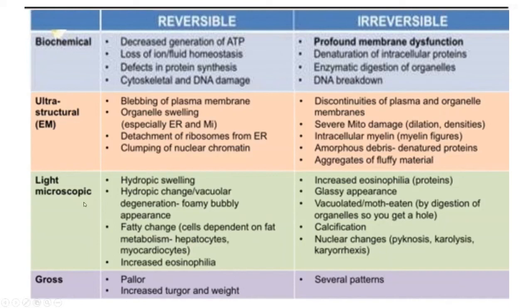What we will see in light microscopy: in reversible injury, we see hydropic swelling, then fatty change or increased eosinophilia. In irreversible injury, the eosinophilia will be more pronounced. There will be a glassy appearance because of dissolution of all the membranes. Also, we can see calcification and nuclear changes.